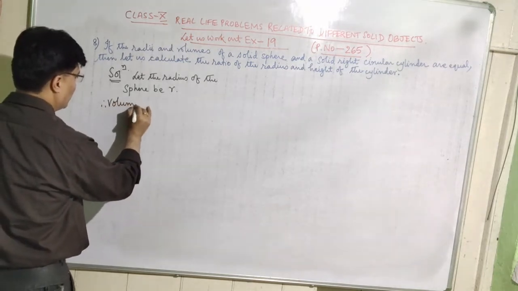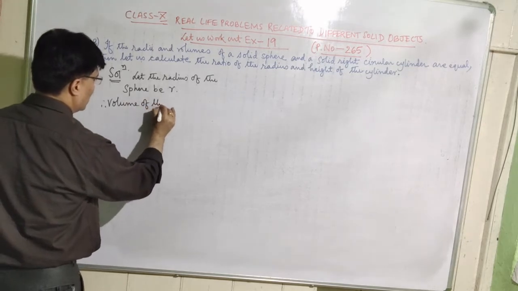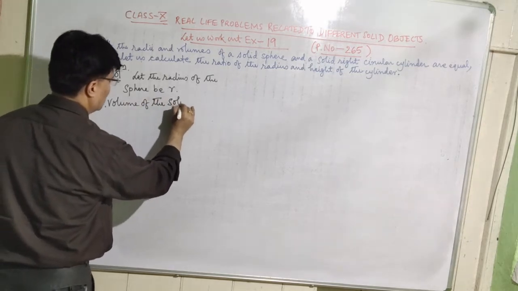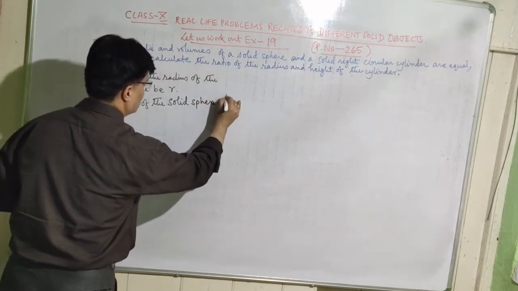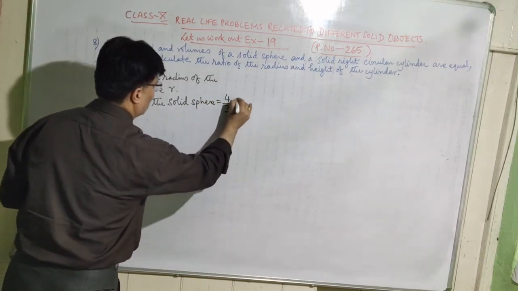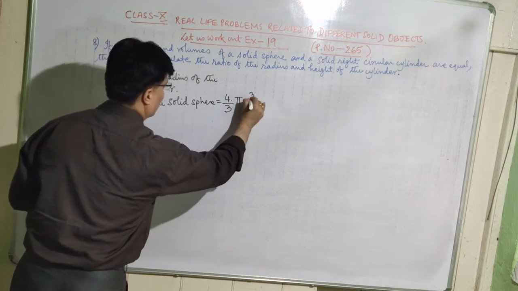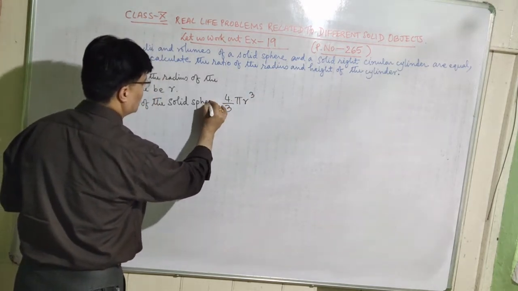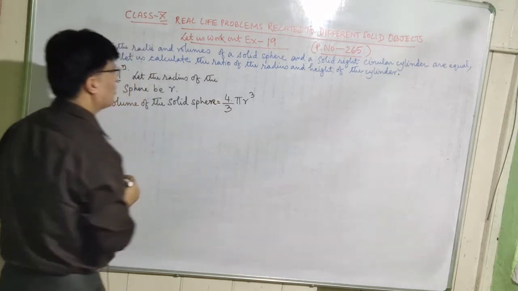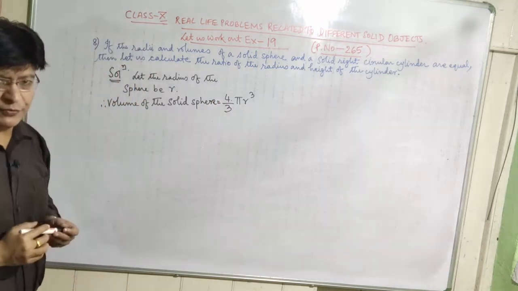Therefore, volume of the solid sphere is equal to, what is the formula? It is 4 upon 3 pi r cube. This is the formula.